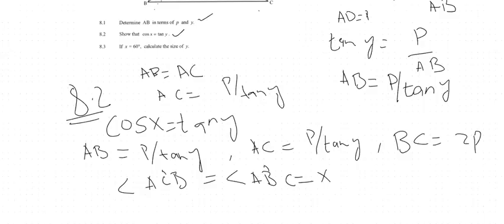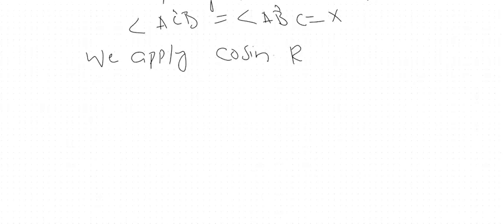We apply the cosine rule at triangle ABC for the side BC.